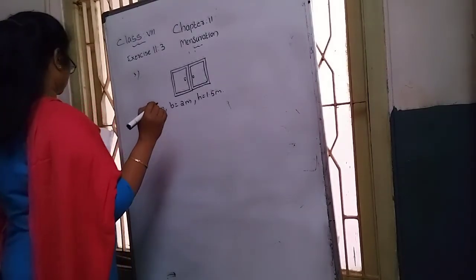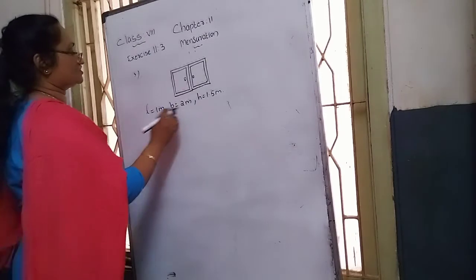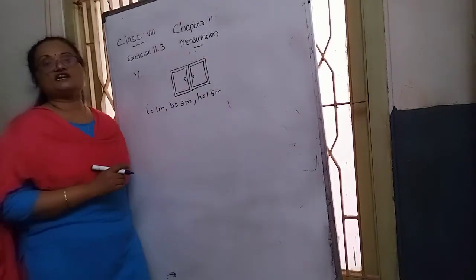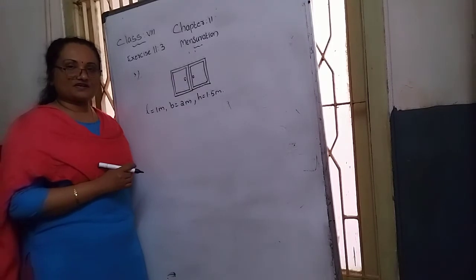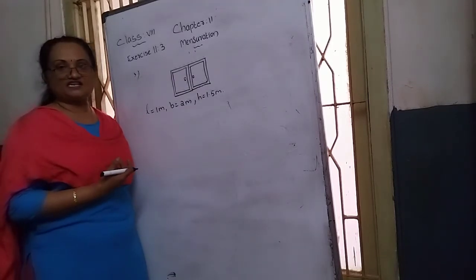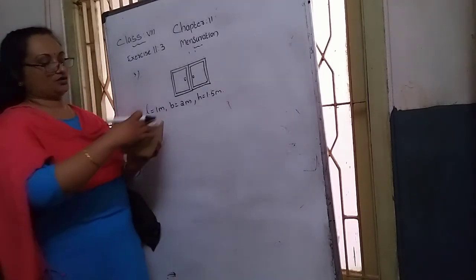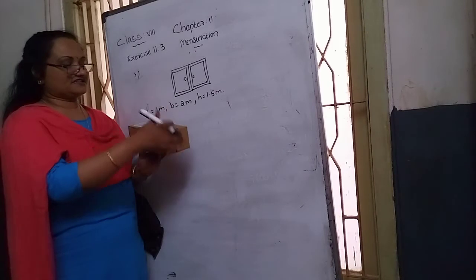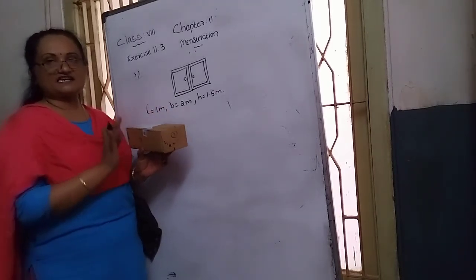So we need to find the four walls. These four walls we call the LSA of a cuboid. Last class we learned that the four walls, first, second, third, fourth, we call the LSA.